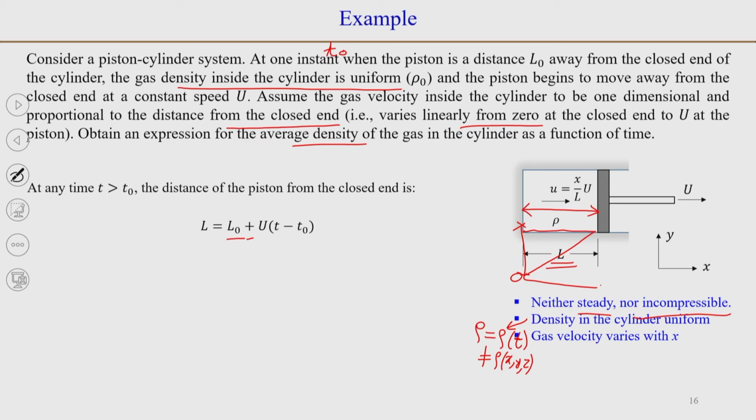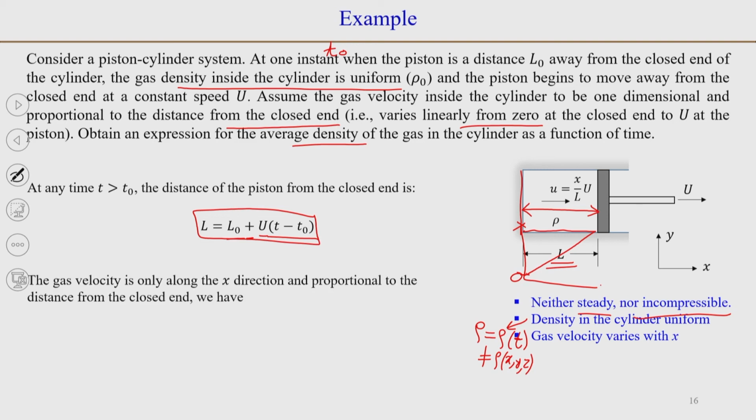So, L is equal to L0 plus u into time, and that time will be t minus t0. That is the expression for the distance between the closed end of this cylinder and the piston at any time t greater than t0. We can see that at time t equal to t0, this will give us L is equal to L0.